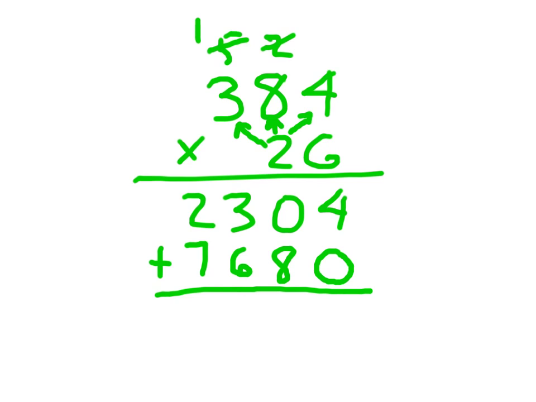It would be a real shame if your numbers were not nicely lined up, or if you, when you were adding them, added them incorrectly. So really take your time on this last step. Make sure to do those steps correctly. So we have 384 times 26 equaling 9,984. That's double-digit multiplication for you.